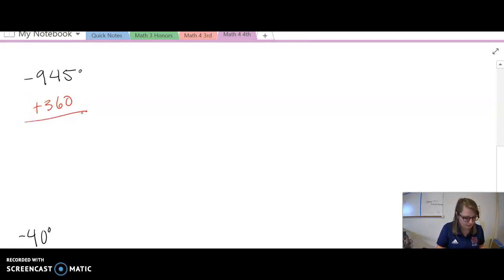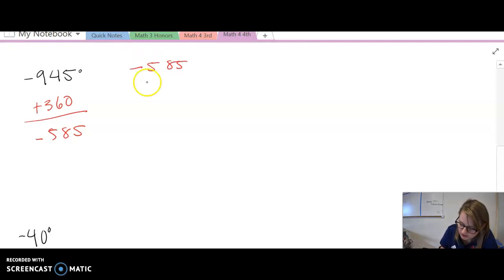So negative 945 plus 360 is going to be negative 585. Well, that's still a little bit bigger than 360. So again, I'm going to add 360 to this negative number, and now I have negative 225.